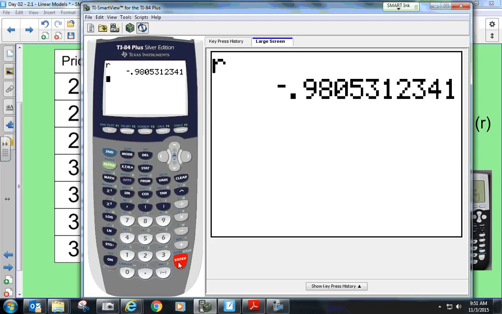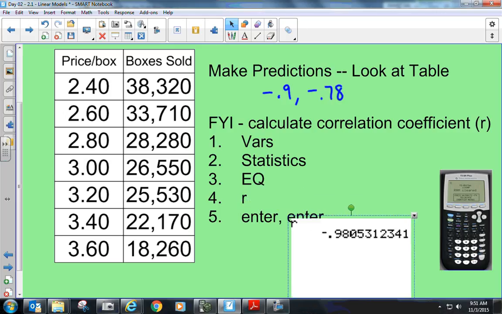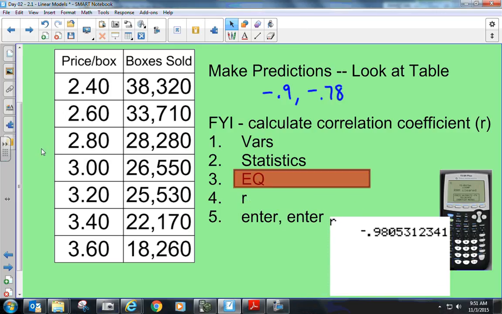Negative 0.9805. That is a very, very, very strong negative correlation, which means those dots resemble really close to a straight line. All right? There you go. There's your R value. Sweetness.